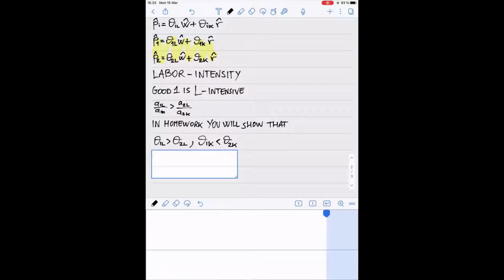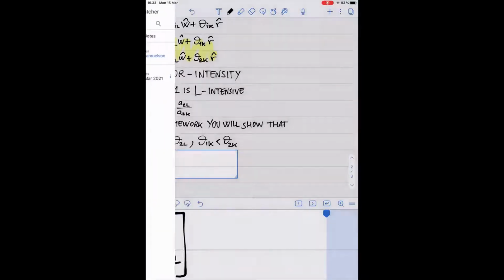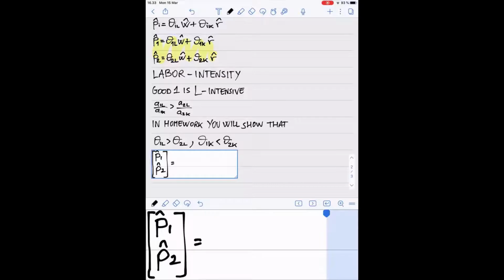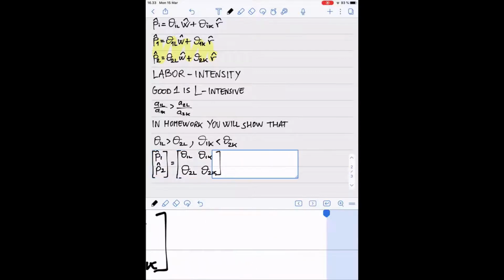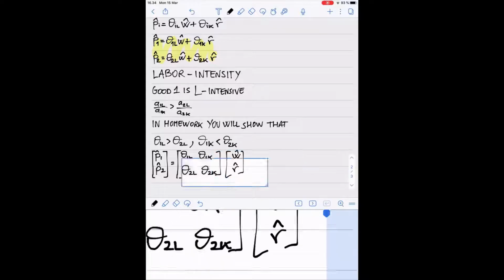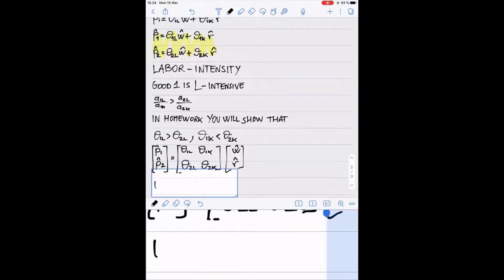Well, we're going to write the P hat 1, P hat 2 vector as equal to the matrix theta 1L theta 1K over theta 2L theta 2K. And this multiplies the vector W hat R hat.